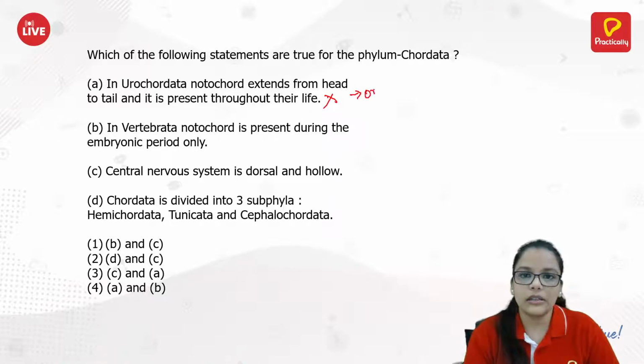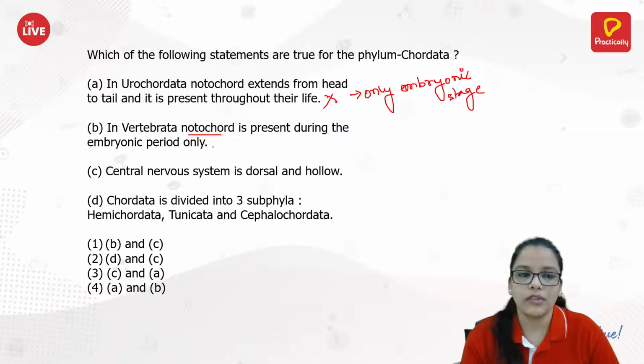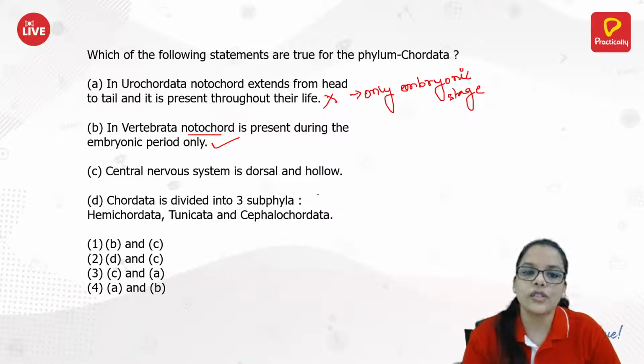Okay, only in the embryonic stage it is present. In Invertebrata notochord is present during their embryonic stage. Okay, only notochord. After that, it becomes a vertebral column after the embryonic period. This is right. Central nervous system is dorsal and hollow. This is also right. It is hollow and dorsal.